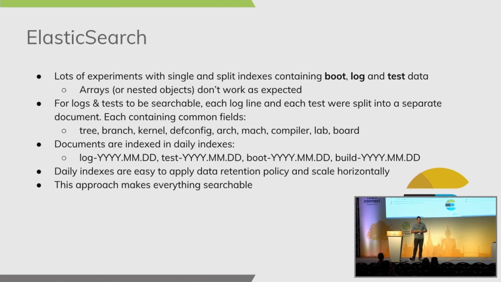Also, every day the Logstash runs collecting the data, we create one daily index for each of the indexes, because it makes data deletion and data retention easy. Just like KernelCI, which deletes the data every 14 days, we intend to keep the data only for 14 days as well. And that also makes things easier to search.